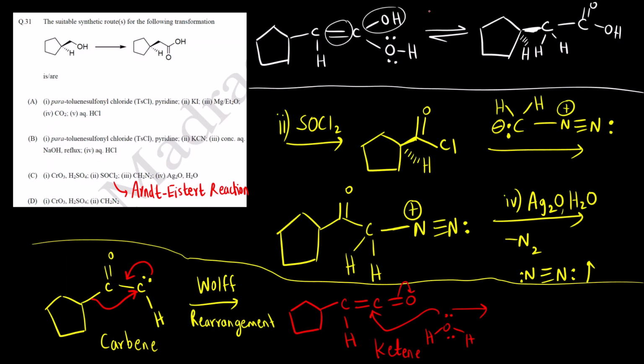So what basically happens in an Arndt Eistert reaction is, you can remember there is diazomethane and then there is silver oxide with water. So what exactly happens is, there is one carboxylic acid, let's say CH3COOH. What this Arndt Eistert reaction does is, it will increase one carbon. Okay, you saw here, before getting into the second step, after oxidation, what we had was, okay, here I'll draw it near to this final product.